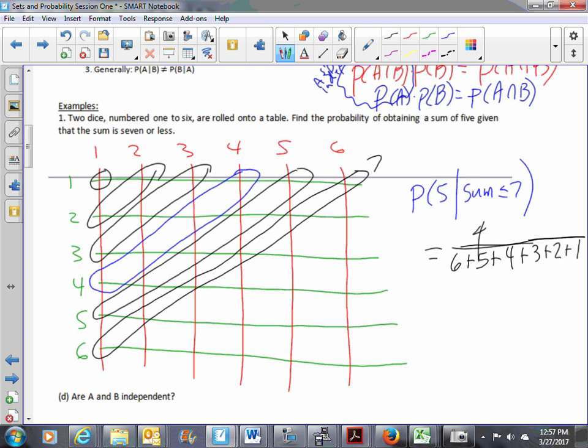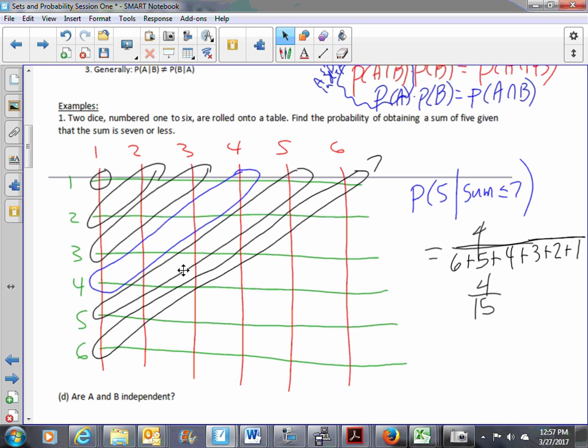I kind of got myself confused. So if we add these up, I think we get 15 on the bottom. So 4 on the top, 15 on the bottom. 4/15ths would be the probability of attaining a sum of 5, given that the sum is 7 or less.